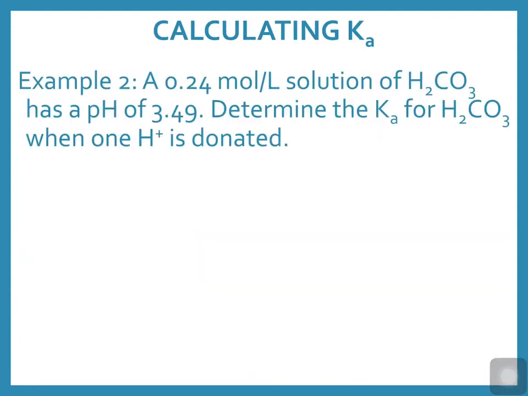Okay, second example: a 0.24 molar solution of carbonic acid has a pH of 3.49. Determine the Ka for H2CO3 when 1 hydrogen is donated. So, carbonic acid and water, dissociating with just 1 hydrogen.